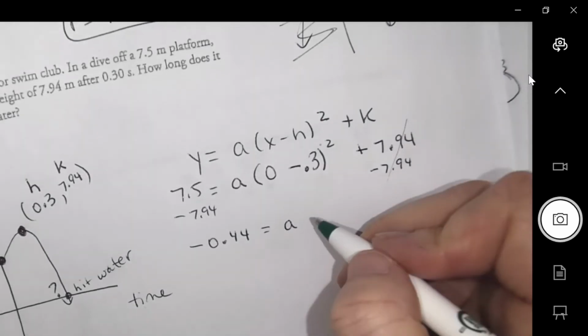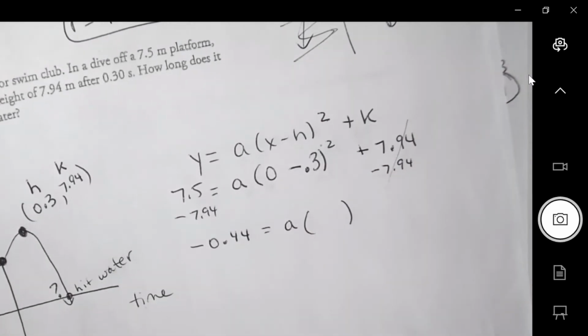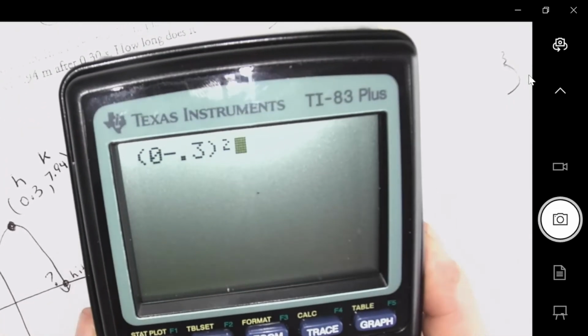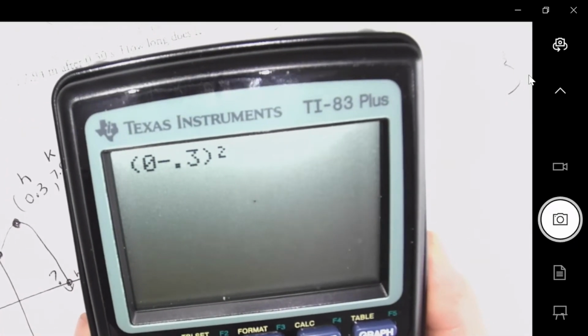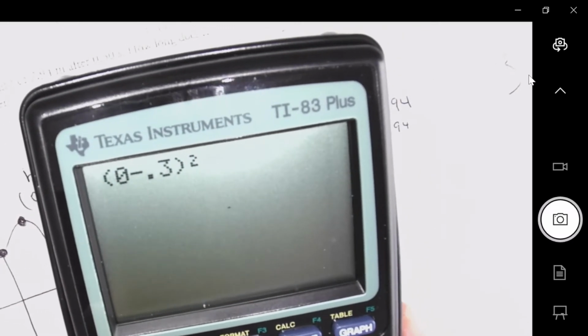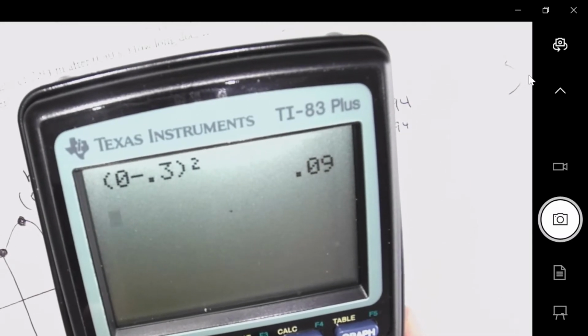Okay, we can also do this at the same time. So I'm doing 0 subtract 0.3 brackets squared. So 0.09.